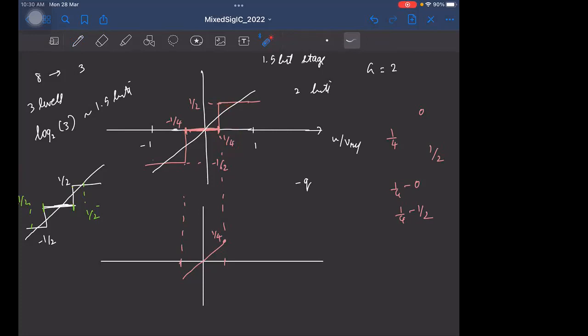So the quantization error will again roll back to minus 1/4. Right? Is that fine? So at this point again, the quantization error will become 0. Okay. So let me draw that here.